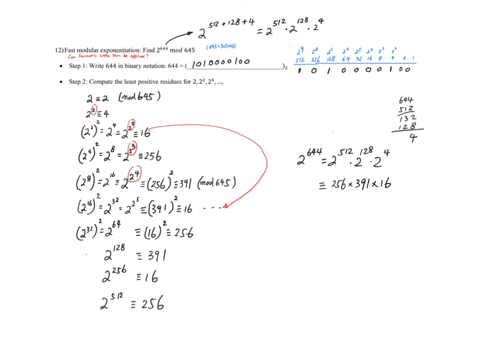That's pretty much the algebra that you have to do. If you do all these and at the end mod 645, this turns out to be 1 mod 645.